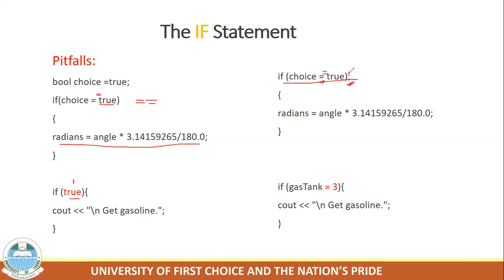No, this will not execute. It will not allow the program to execute, right? And we see this: you are assigning a value 3 to your gas tank variable. Because you are assigning it, it is true.